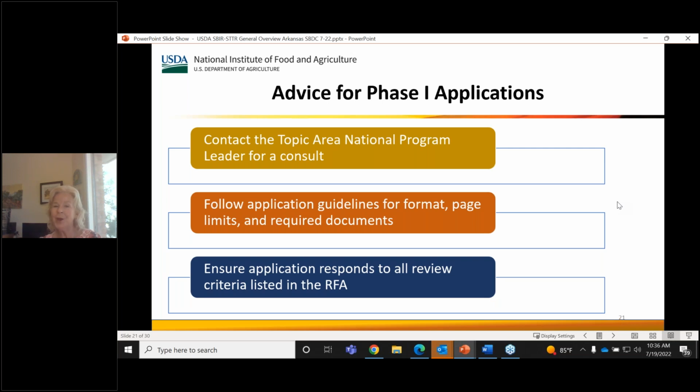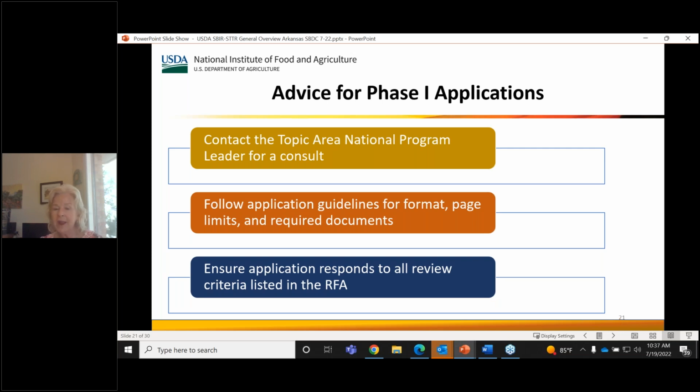So if the spacing for your project proposal is supposed to be 1.5, and you do 1, then you get a lot more space than everybody else, and you will not make it through the administrative review. You will not make it to panel. So please follow those formatting guidelines.